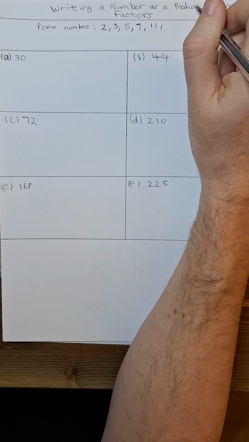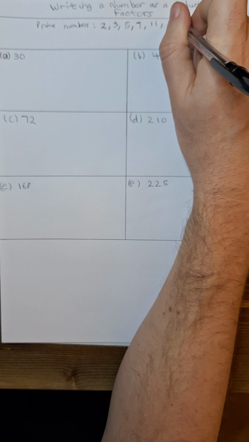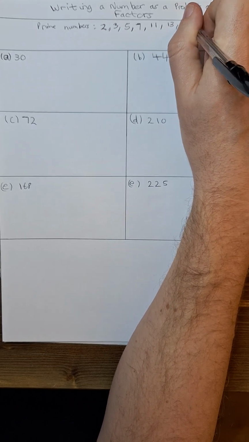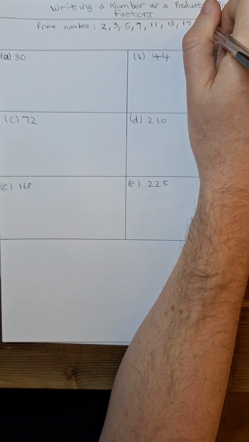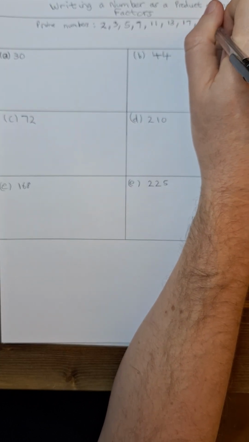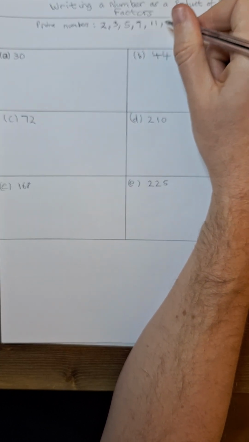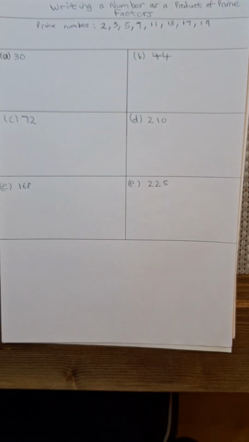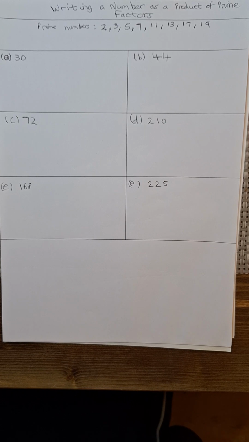Only 1 times 11 makes 11. 13 is prime, 17 and 19. So there are the first 8 prime numbers. Okay. Now, each of these numbers here, we're going to write as a product of prime factors.